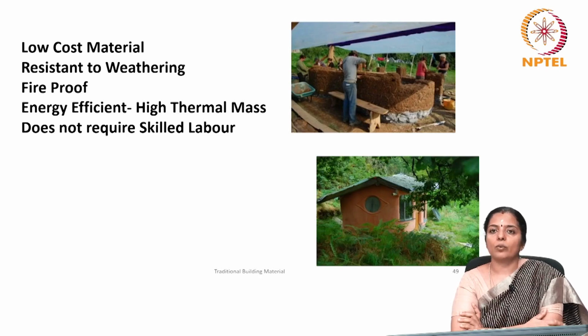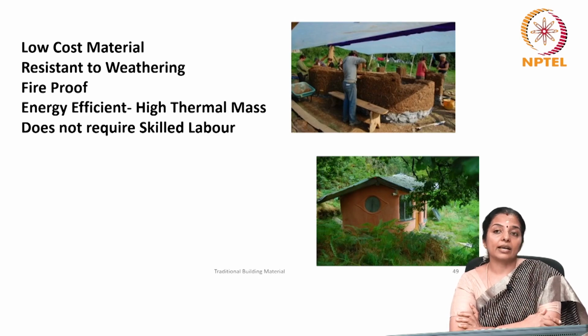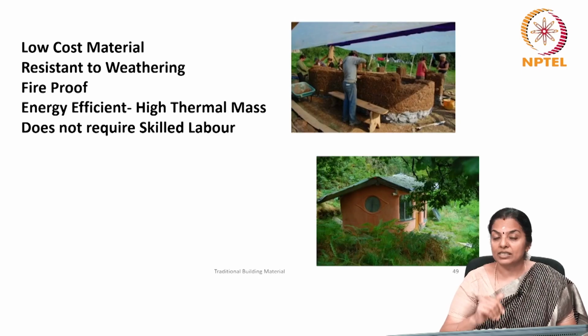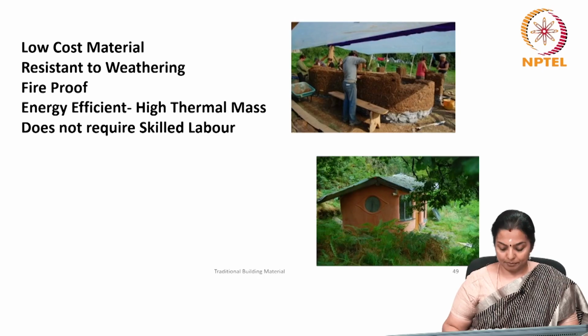Cob structures require little additional heating in winter and they remain cool and comfortable on summer days. Because they are fireproof, in many places they are even used in chimneys, and you can see in Indian villages, minus the straw, these are used even in building cooking ovens.